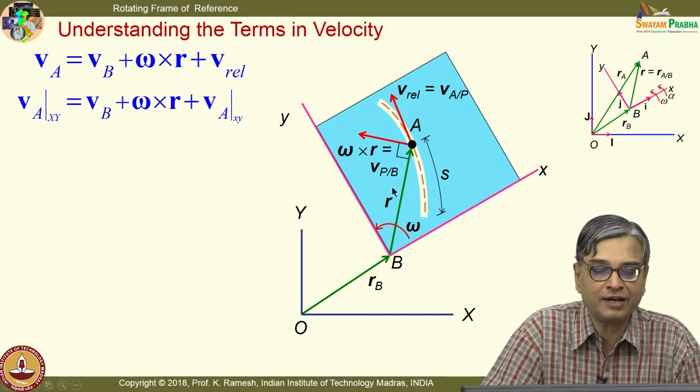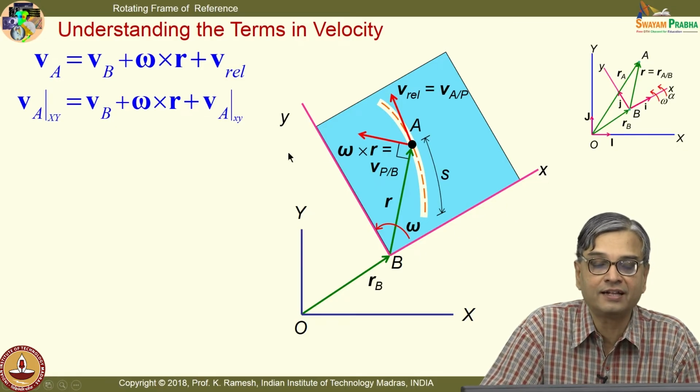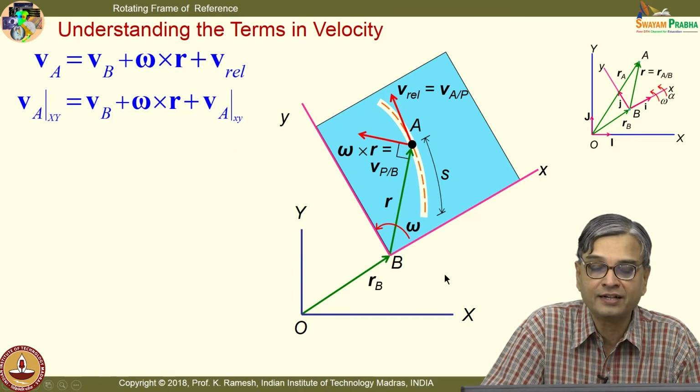And I have also written down one more thing, I have put this as omega cross r, I have put a direction perpendicular to that. Suppose I imagine at point B, I attach a non-rotating translating axis. It could be again x and y or x prime y prime, which is non-rotating.